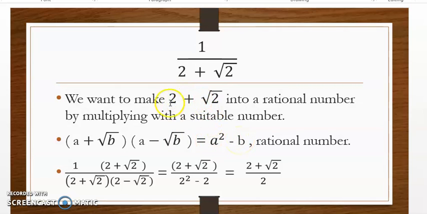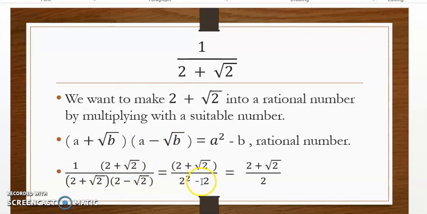So if I want to change 2 plus root 2 into a rational number by multiplying with a suitable number, the number that I would choose will be 2 minus root 2, because that will give me a square minus b.